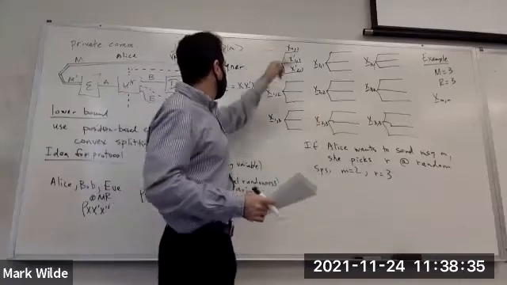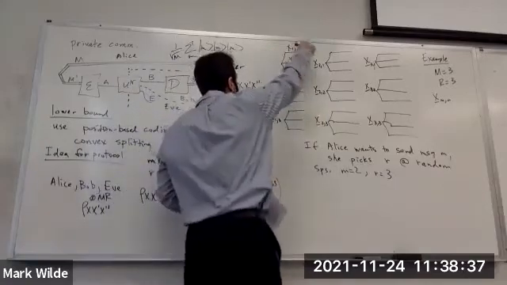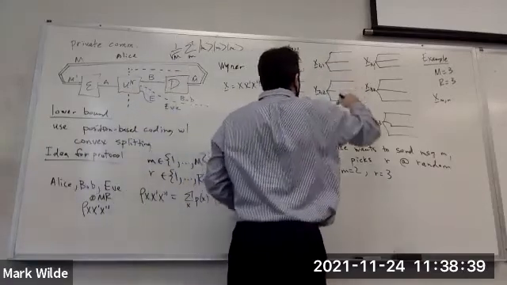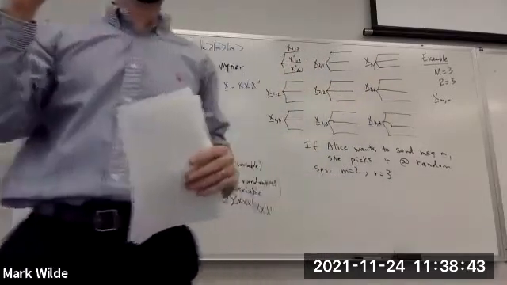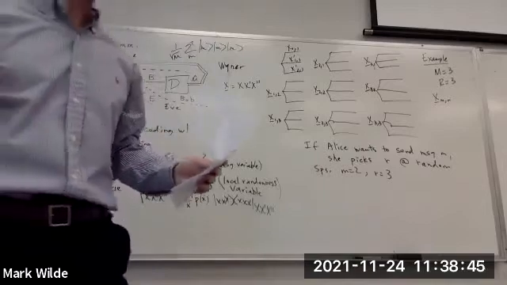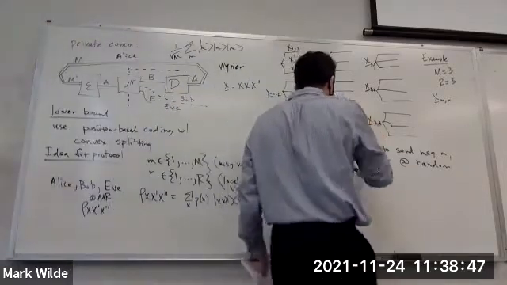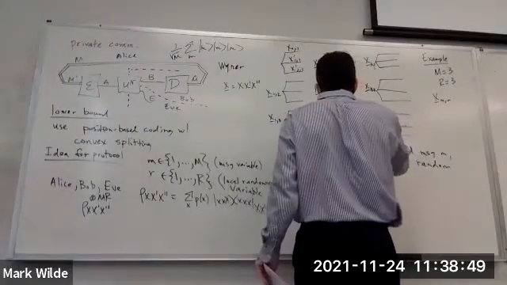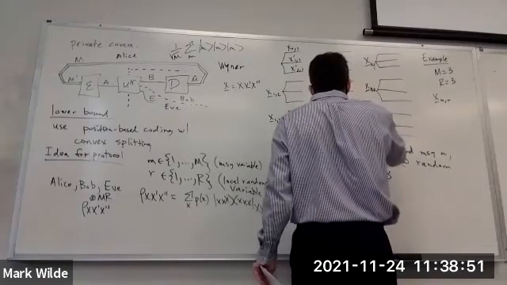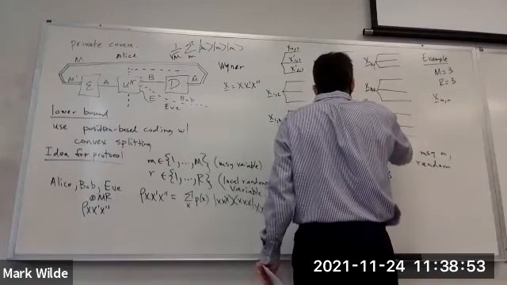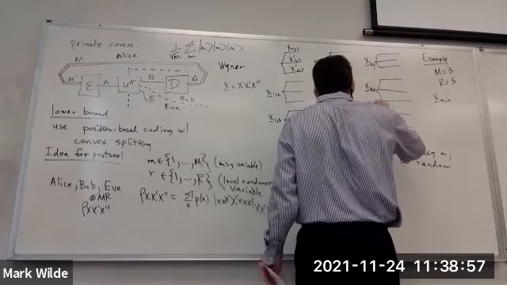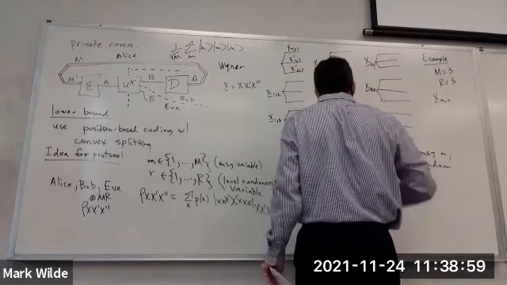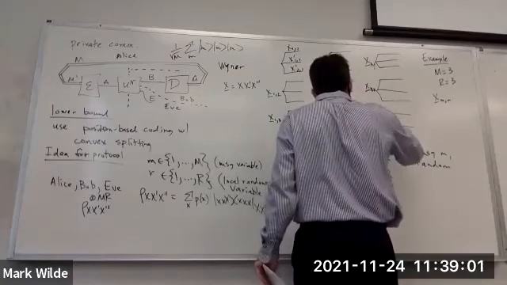Her share of the randomness is, remember, all the top lines are Alice's shares, the middle lines are Bob's shares, and the bottom lines of each are Eve's shares of the randomness. Okay. So then what will she do? She'll take this system, send it through an encoder and a channel. Then we have to think about the isometric extension U.